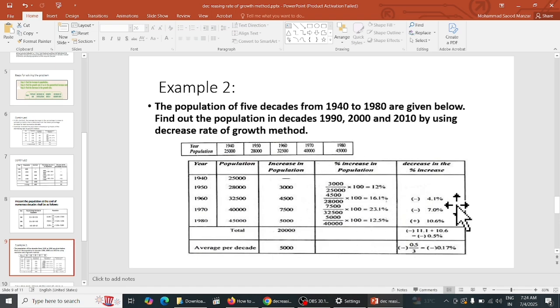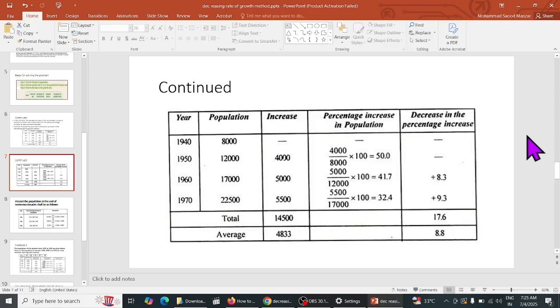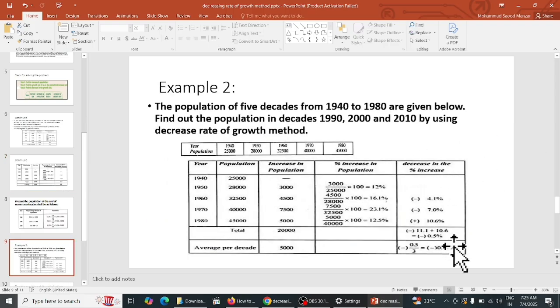Okay, now to get the decrease in the percentage increase, I mean the fourth column values, what we have to do is, if you see here, this is r1, r2, r3, r4. So r1 minus r2 is like this, minus.